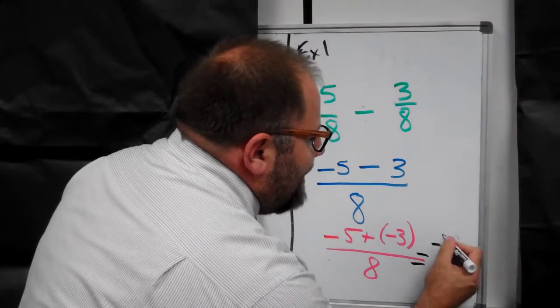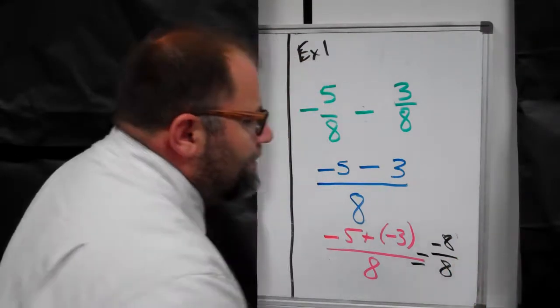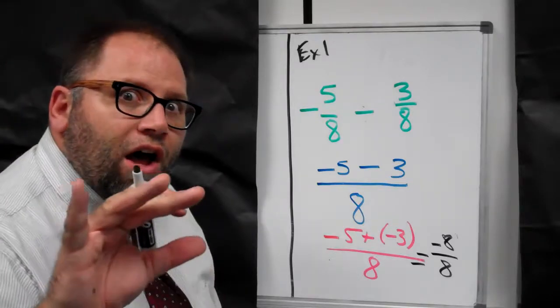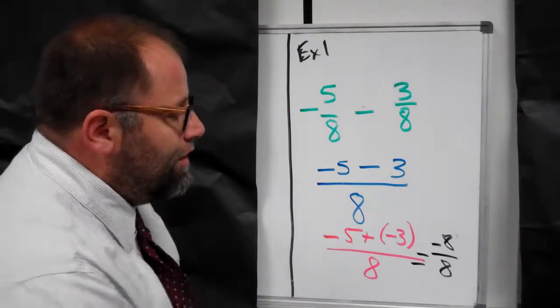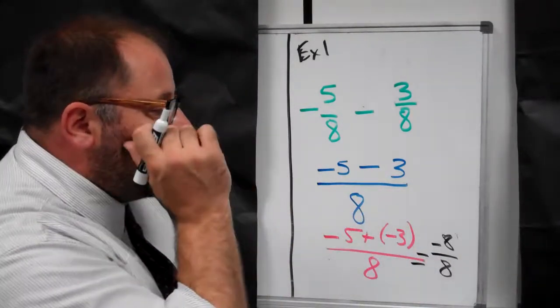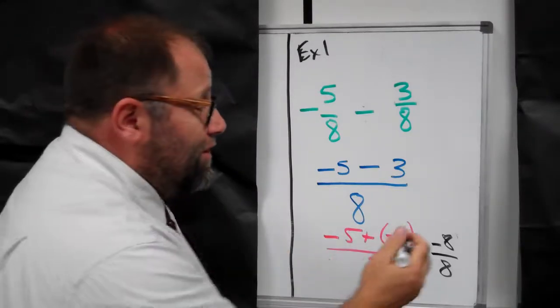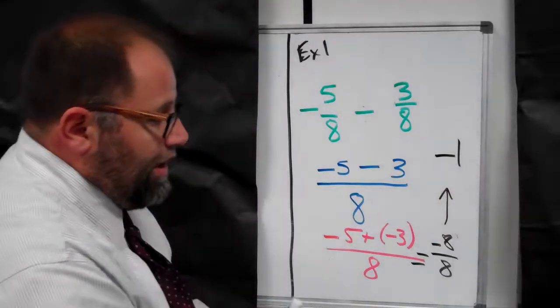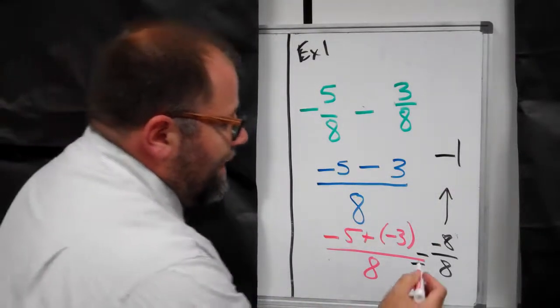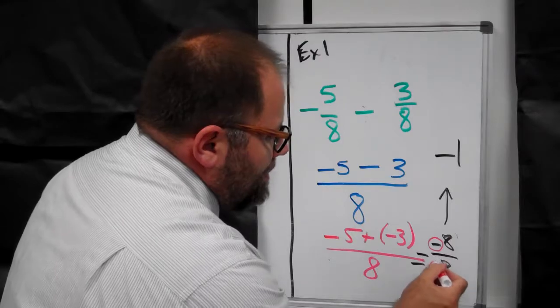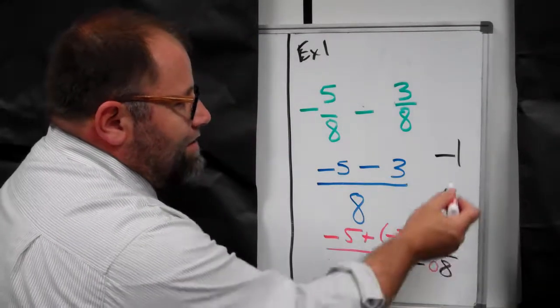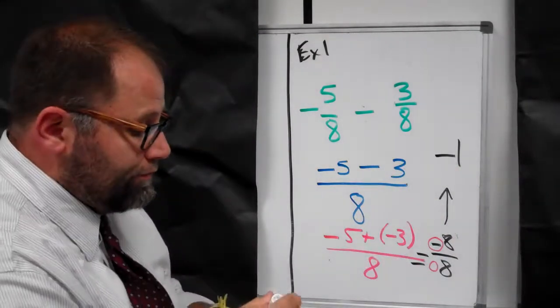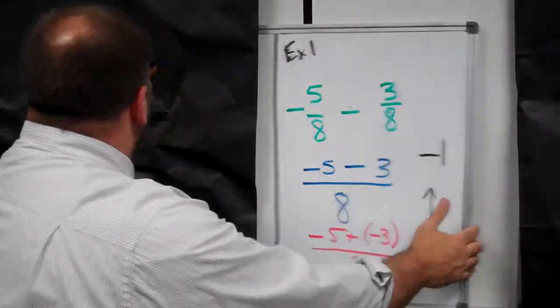We're going to end up with -8 over 8. And now here's that other part of Unit 1. -8/8 equals -1, because they have different signs. A negative divided by a positive gives us a negative. Let's try one more.